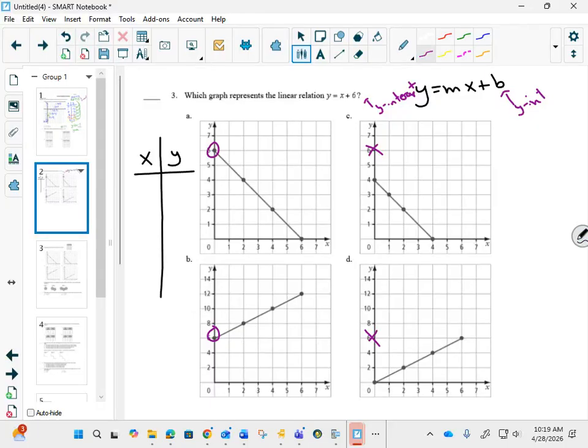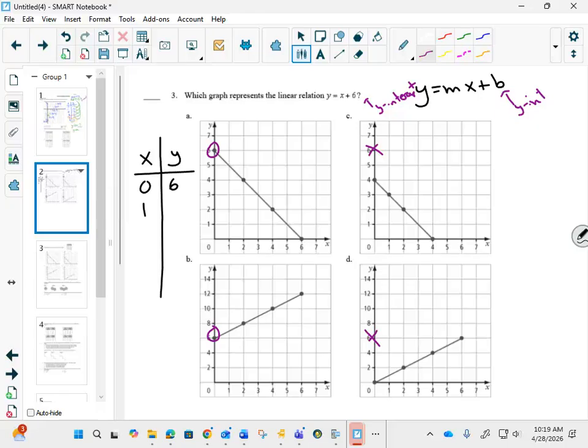What can I do with my table of values? Well, I already know when x is 0, y is 6. That's my y-intercept. But if x is 1, look at the formula. If x is 1, what should y be? Because the formula says y is equal to x plus 6. So if I put 1 in for x, can you do the math?